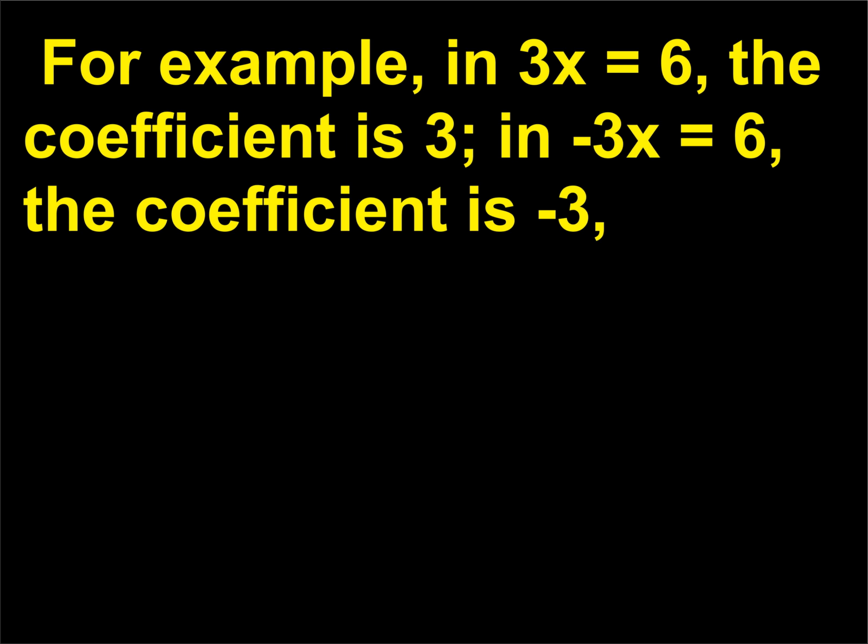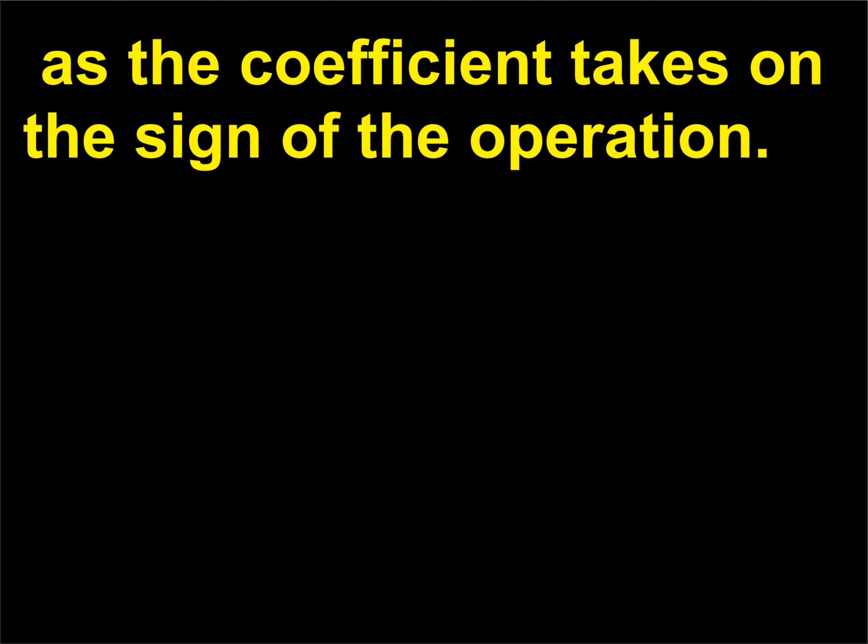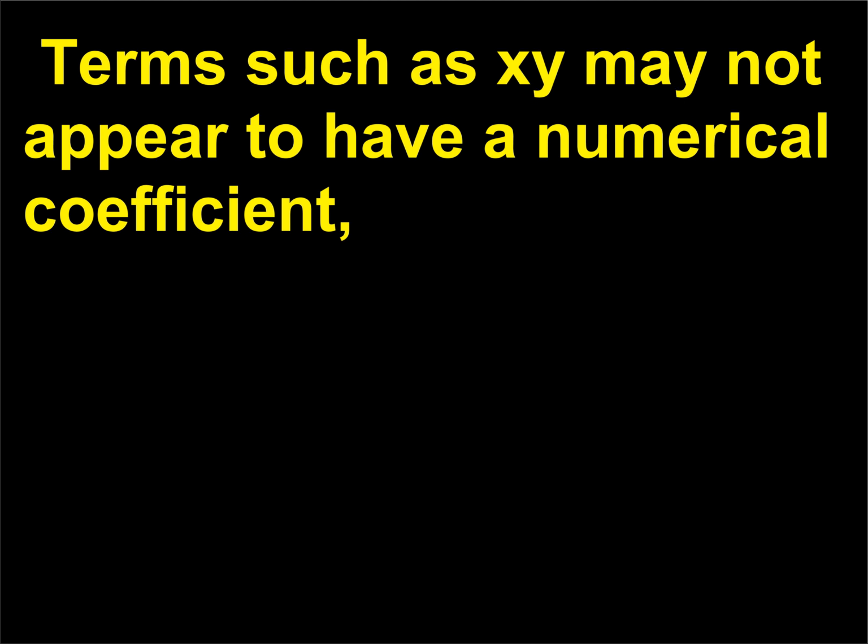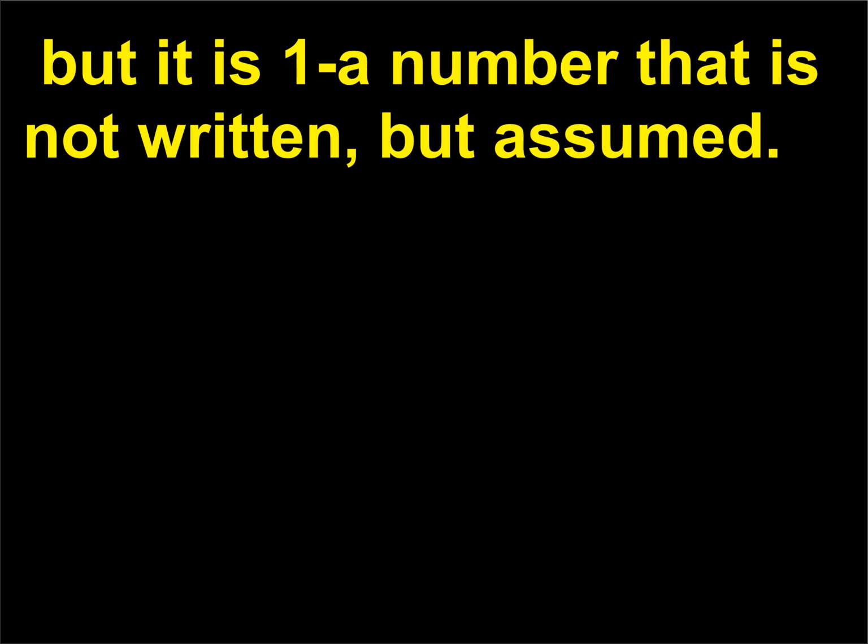For example, in 3x = 6, the coefficient is 3; in −3x = 6, the coefficient is −3, as the coefficient takes on the sign of the operation. Terms such as xy may not appear to have a numerical coefficient, but it is a number that is not written, but assumed.